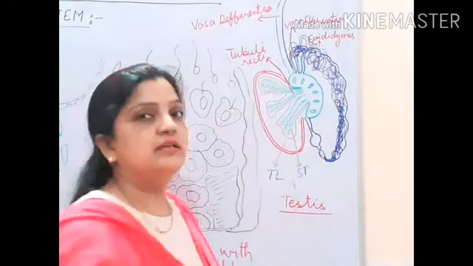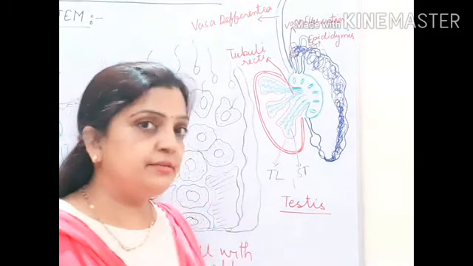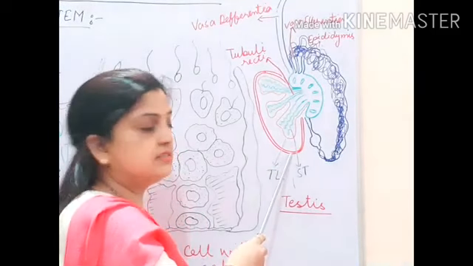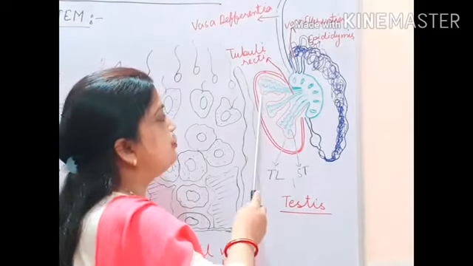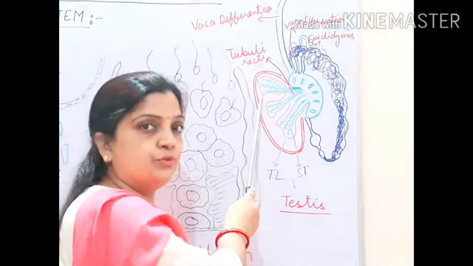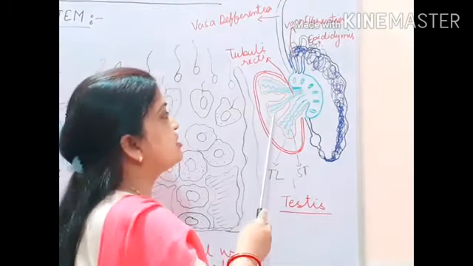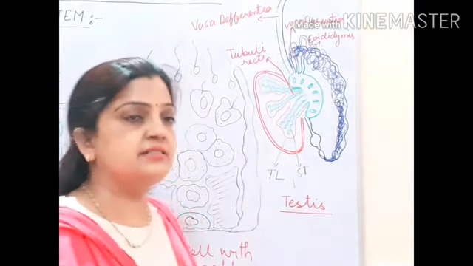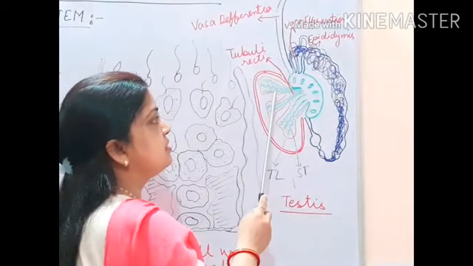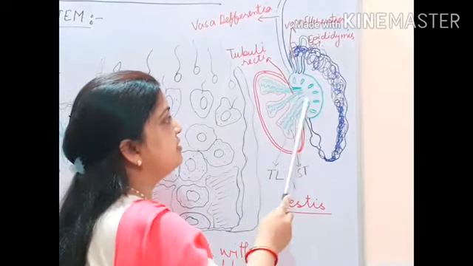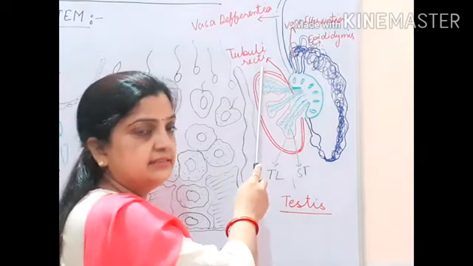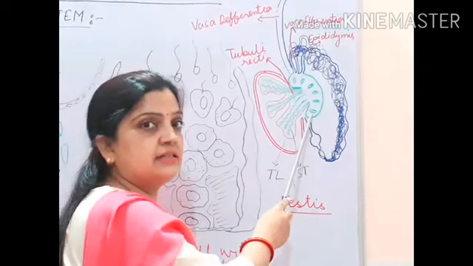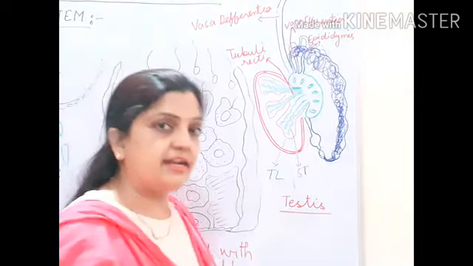I will repeat the parts again, children. This is a testis, the wall of the testis. Then about 250 small testicular lobules. Within each testicular lobule, 2 to 3 seminiferous tubules are present. These seminiferous tubules open into a tube-like structure called tubuli recti. The tubuli recti meet at a junction, which is called rete testis.